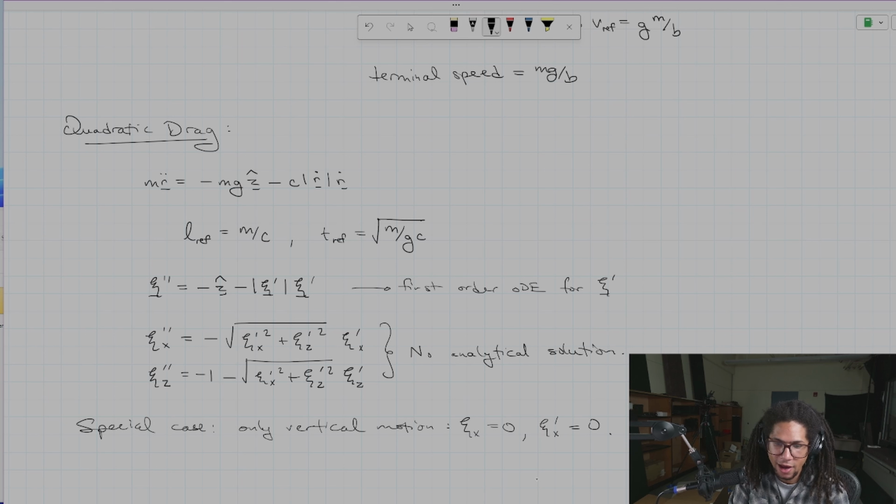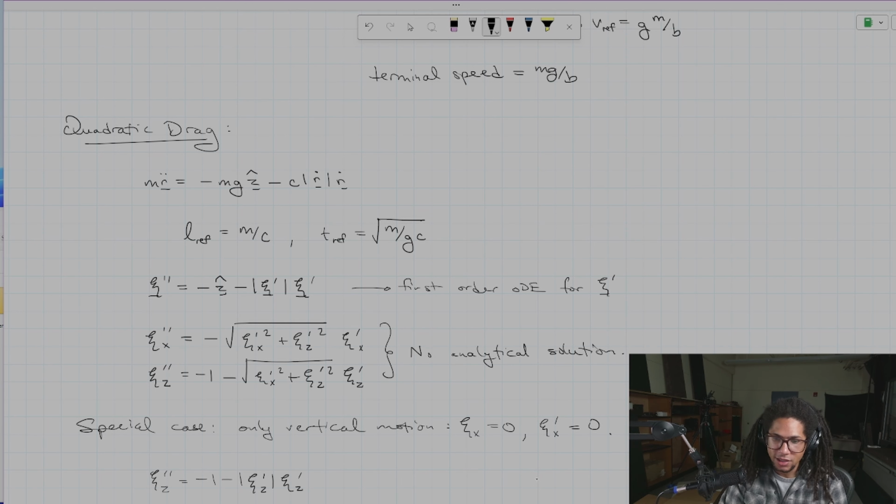So now I only have one relevant equation, which is this one. I'll have cz double prime equals minus 1 minus the absolute value of cz prime, since I'm taking the square root of the square, times cz prime itself.